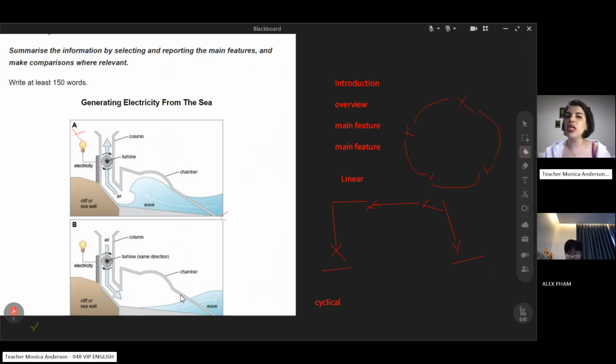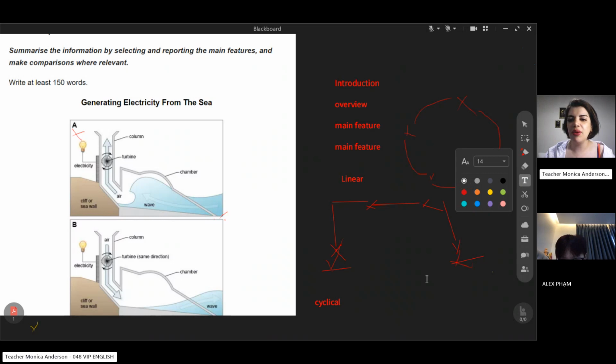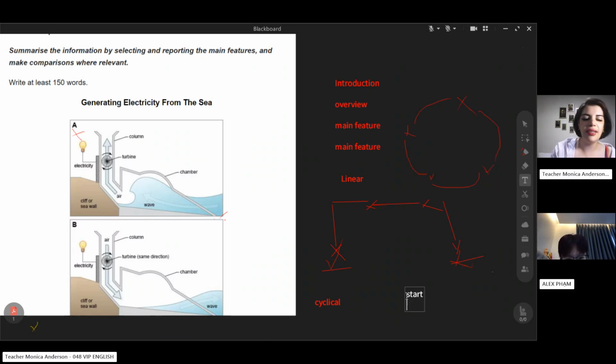After that, we need to know for the main feature, where does the process start and end? That's really important, the start point and the end. Let me write start and end, because these 2 points are really important.